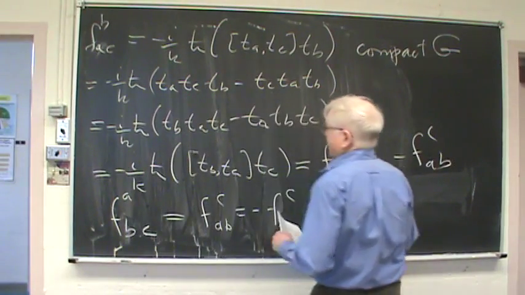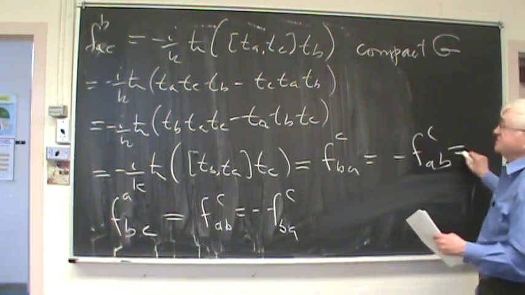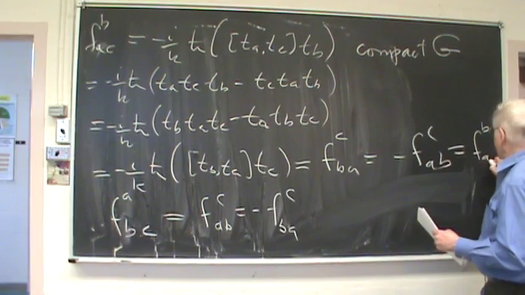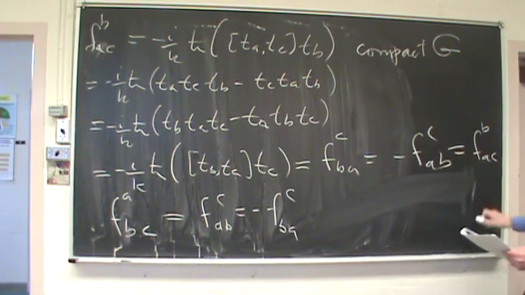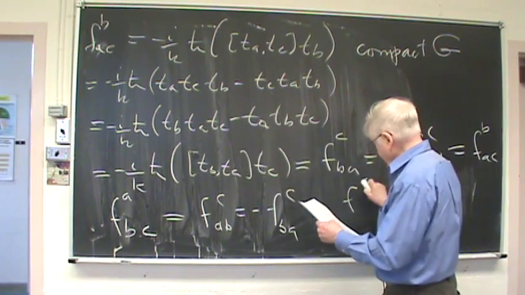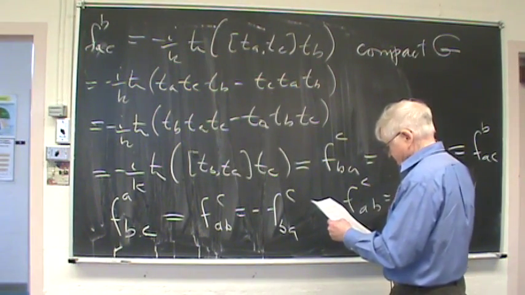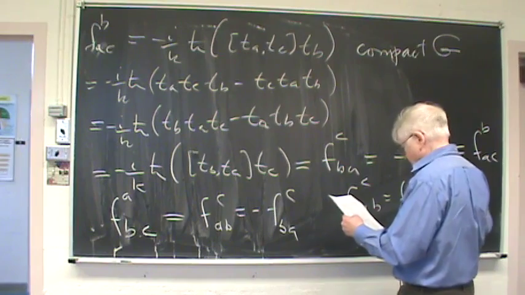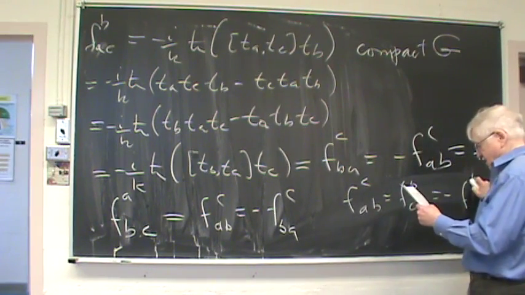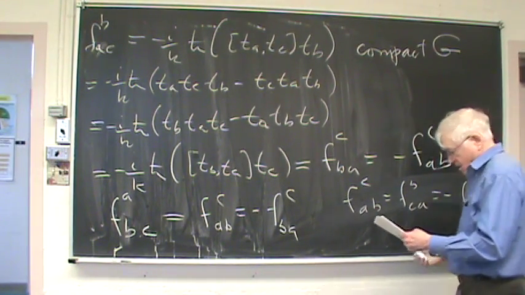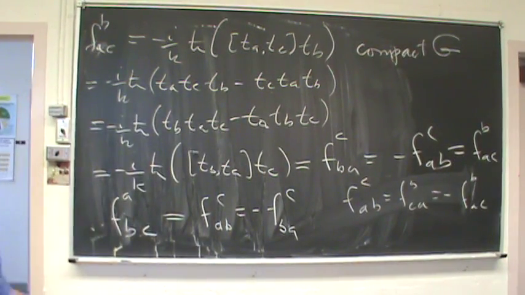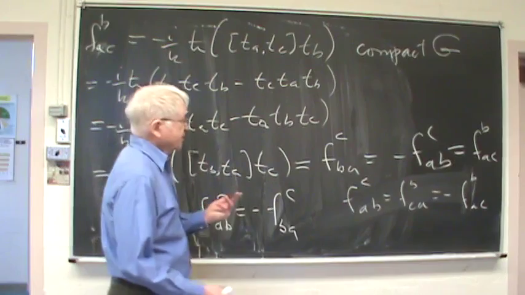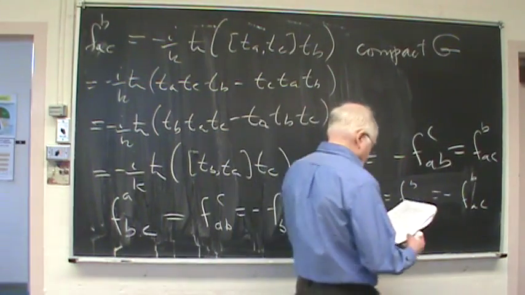And now if we go back to this relation, namely this is equal to F_BAC, and we interchange B and C, then we get the rule F_CAB is F_BCA is minus F_BAC. Well, if you put all those together, you see that the structure constants are totally antisymmetric when the group is compact.